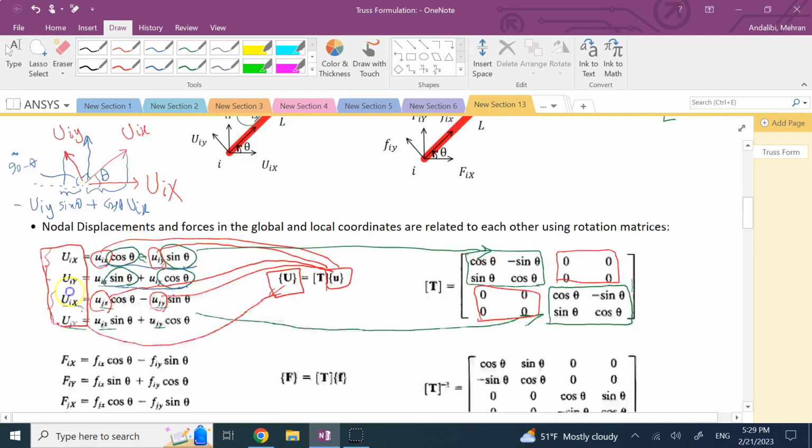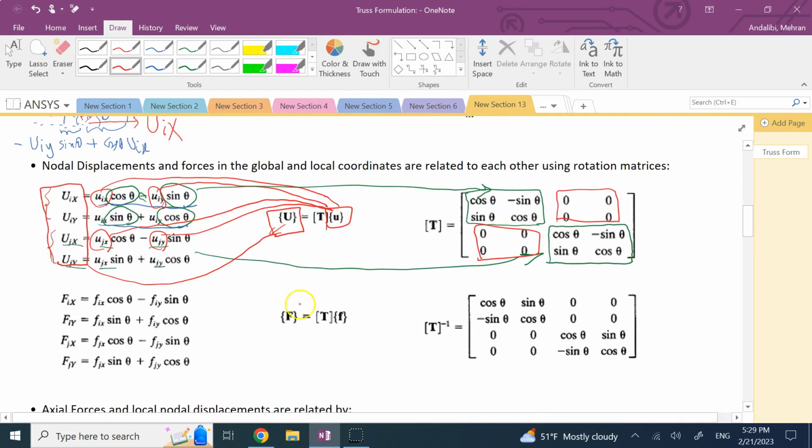Good. Similarly, I can easily relate the nodal forces in the capital system and the nodal forces in the small system, the global and the local forces, by the very same T matrix.